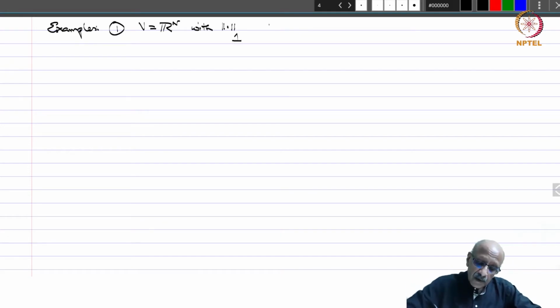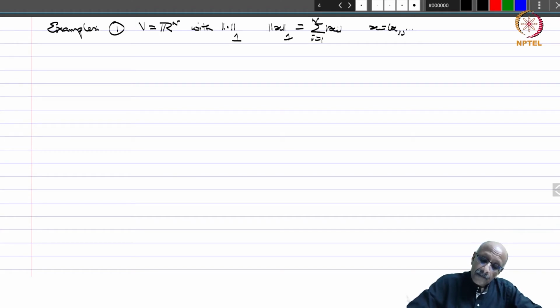Remember, norm x_1 is sigma i equals 1 to n mod x_i, where x is the vector x_1, ..., x_n. So in short notation, R^n with norm 1, we will use the symbol l^n_1.